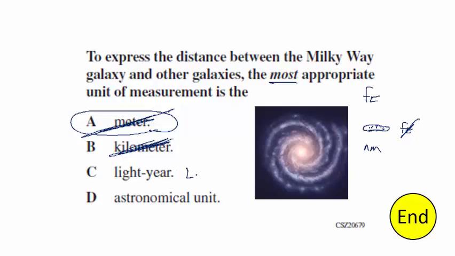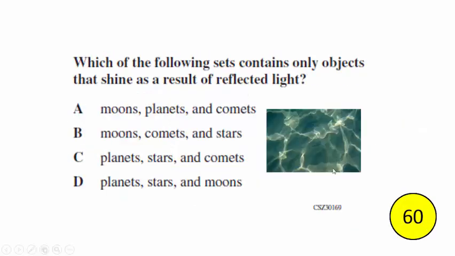So this is a very large unit. It actually fits perfectly. When we say something is 10 light years away, we're saying that it takes 10 years at the speed of light to get there. So it's a very large unit. So letter C is the choice. Next question, 60 seconds. Begin.